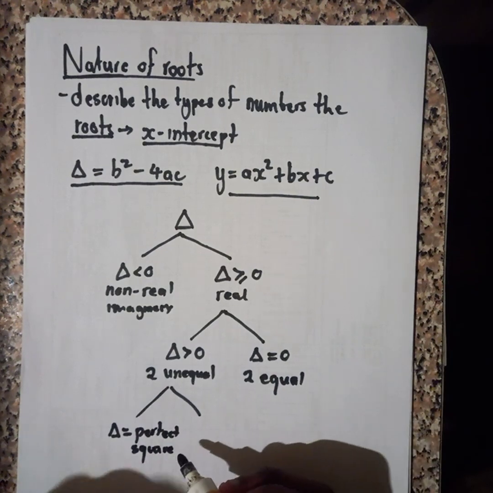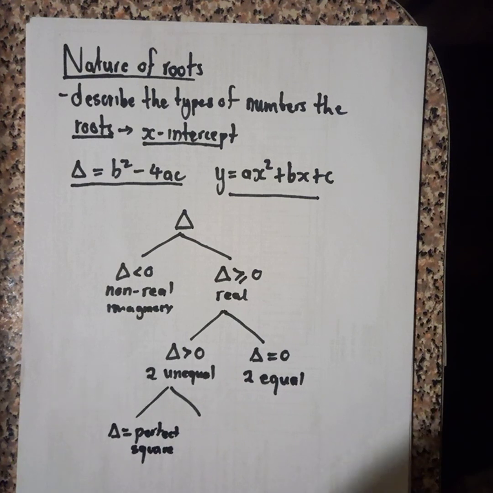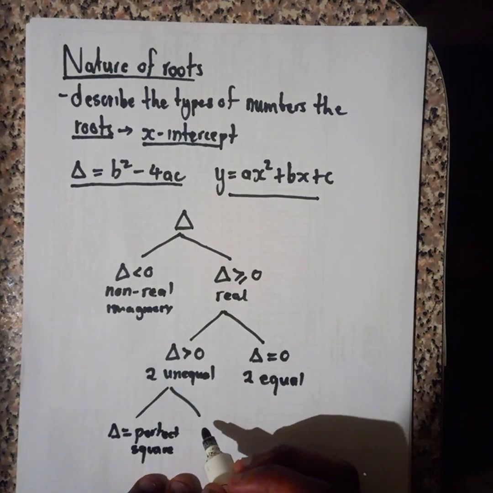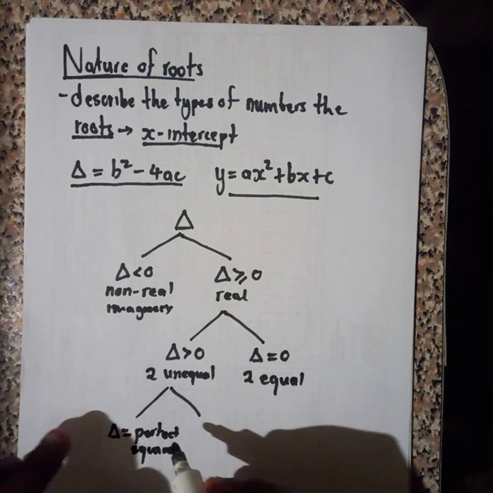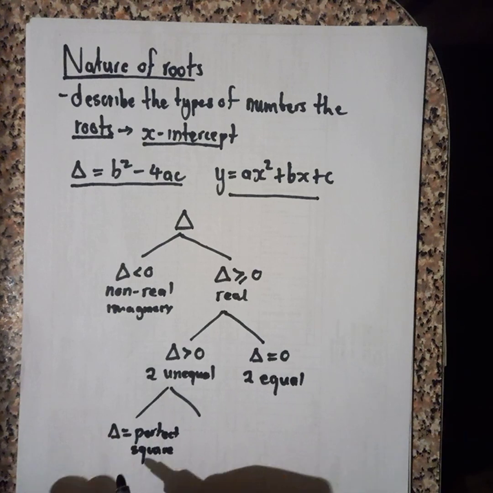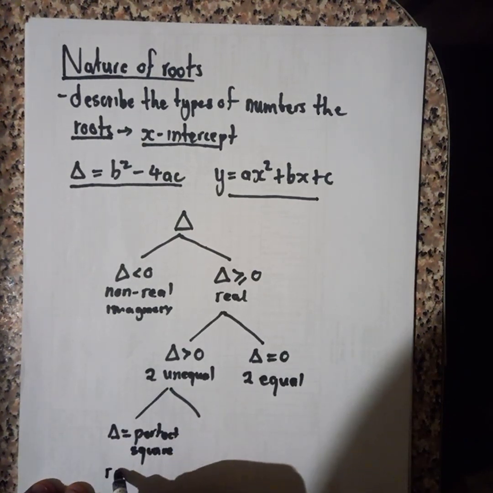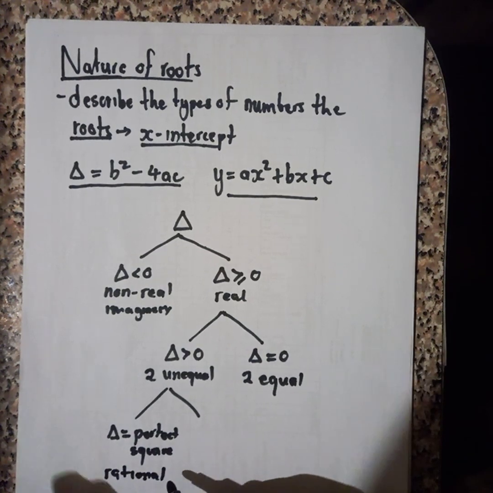For example, numbers like 4 and 16 are perfect squares. In the first case, where your delta is a perfect square, we say such roots are rational.